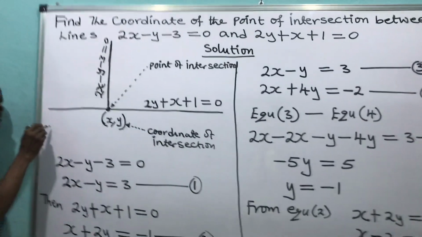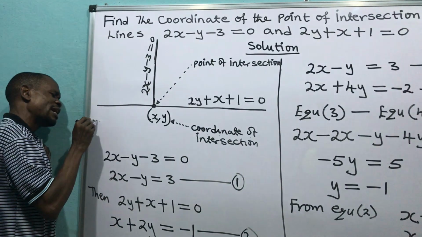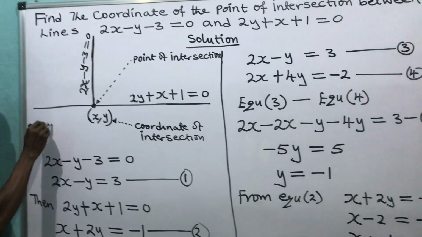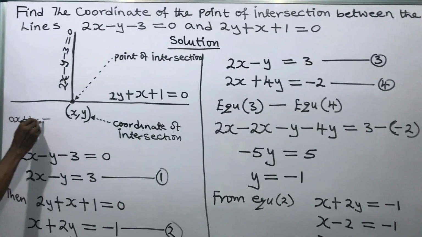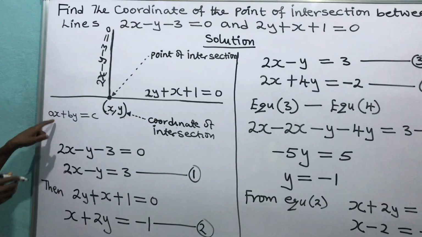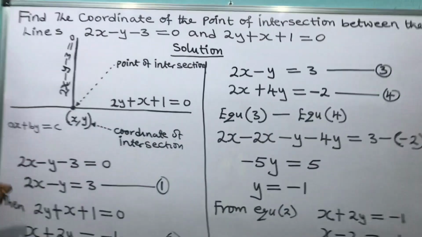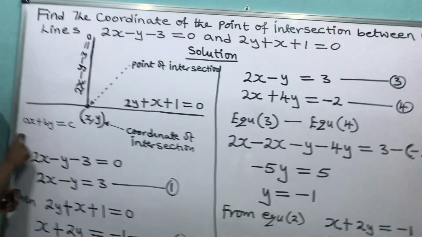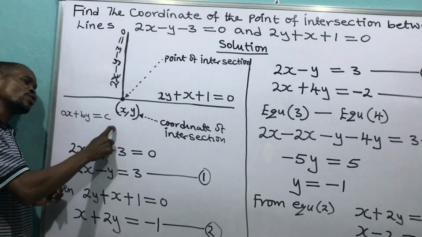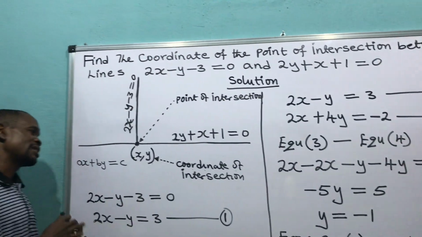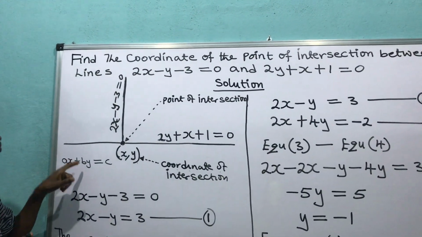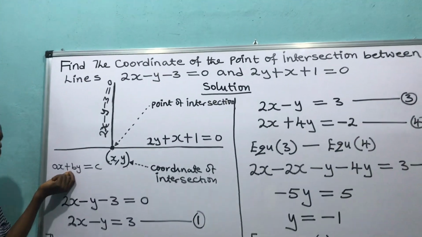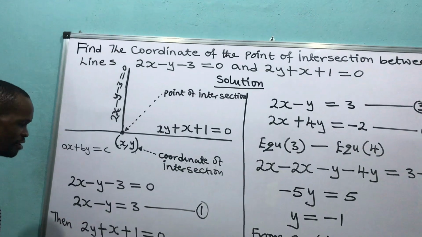It is ax plus by equals c. For you to solve simultaneous equations, it must be in this format. This plus can change to minus, depending on the values given to you.